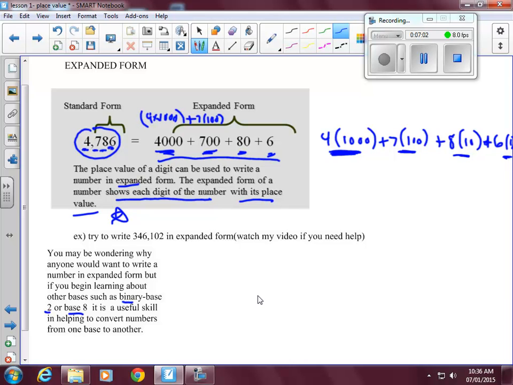So let's try one. You may want to hit pause. Try to write this number in expanded form. Okay, so I always think about the place value. That's in the 100,000 spot, right?